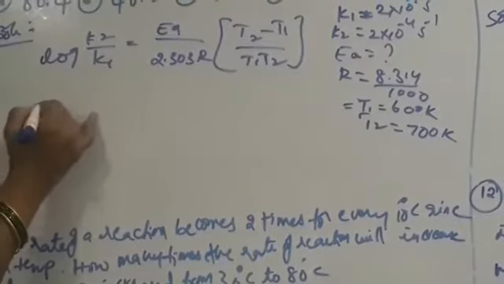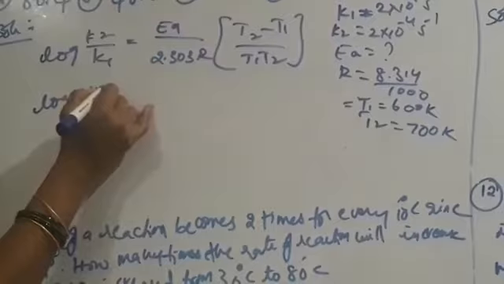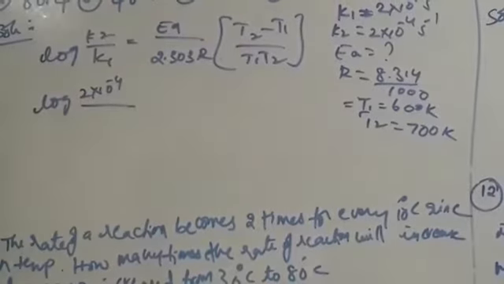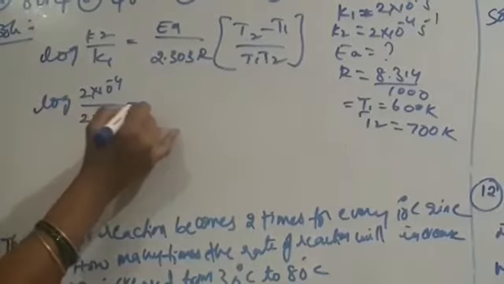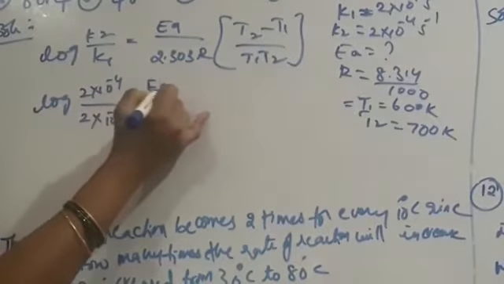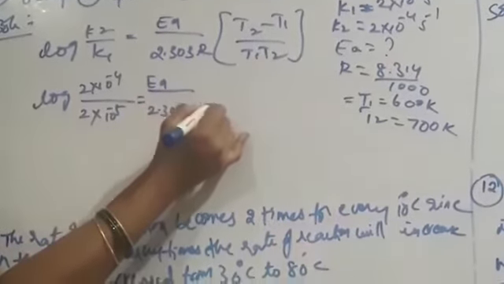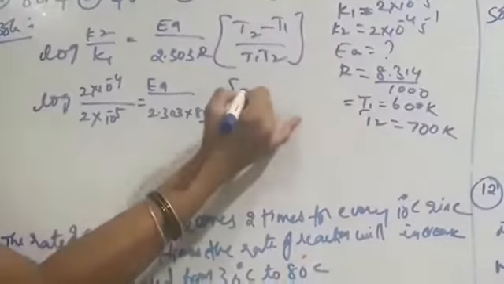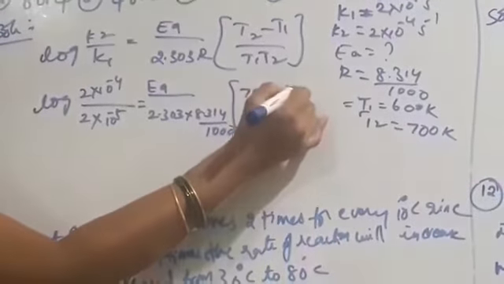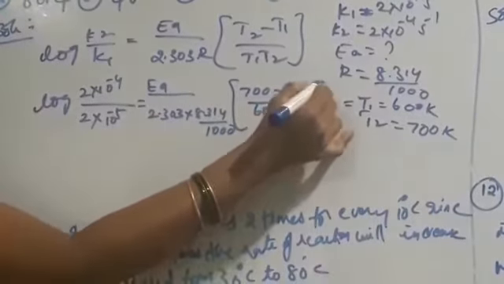So first log K2 by K1. K2 is 2 into 10 to the power of minus 4 by K1, which is 2 into 10 to the power of minus 5, is equal to Ea by 2.303 into 8.314 by 1000 into 700 minus 600 by 600 into 700.